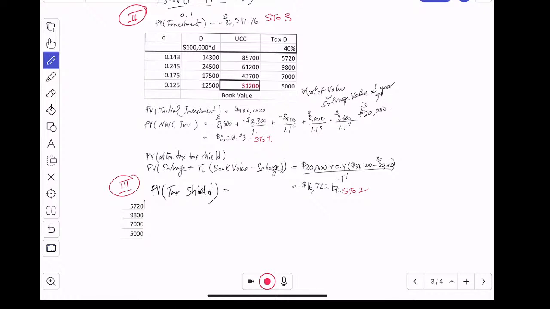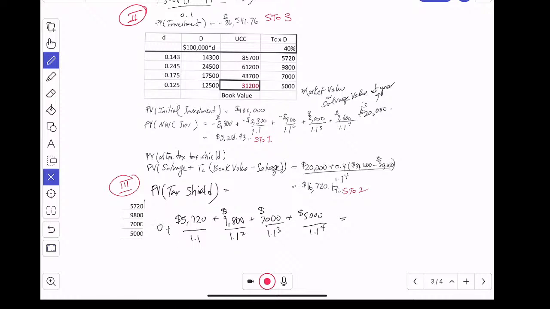So we have to make an expression. So again, you can use the NPV.